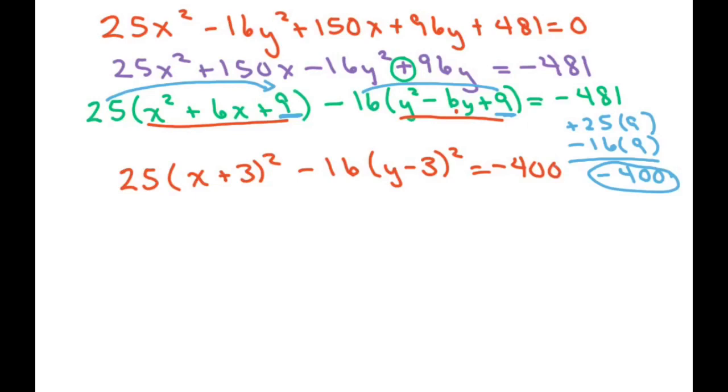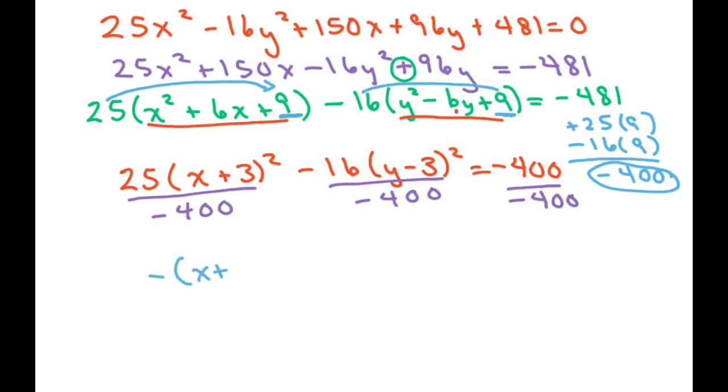All right, and now we need a 1 here because we know it's a hyperbola, so we're going to divide everything by negative 400. We got 3 places where we need to do that. And when you do that, you're going to get negative x plus 3 squared over 16 plus y minus 3 squared over 25 equals 1.